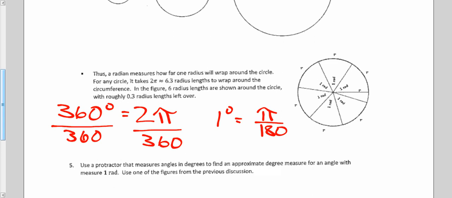If I have, let's say, 30 degrees, and I want to convert it to radians, how would I do it? One degree equals pi over 180, right? So how many does 30 of them equal? So 30 degrees equals 30 times this, right?